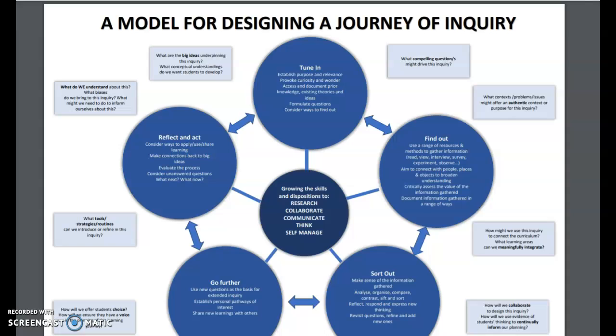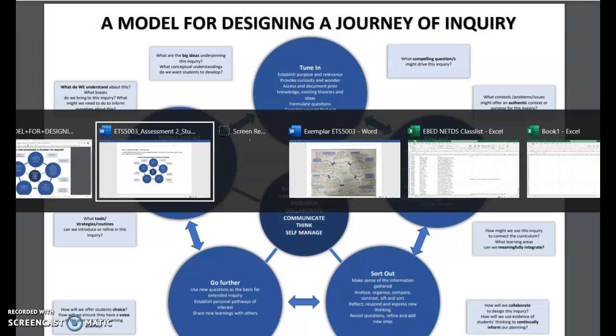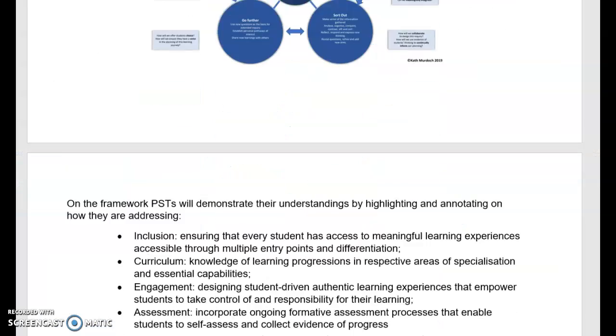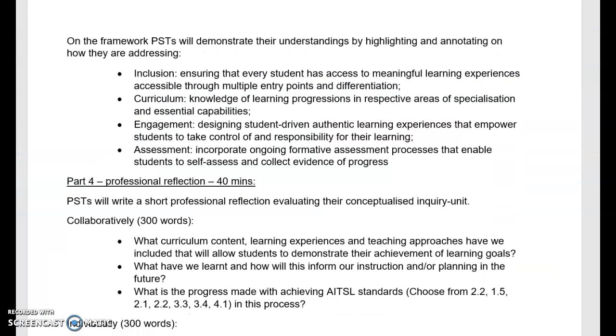On the framework sheet, you will demonstrate your understanding by highlighting and annotating how you are addressing these four aspects. We've got inclusion, thinking about meaningful learning experiences for all students, accessible for all, with multiple entry points and differentiation.